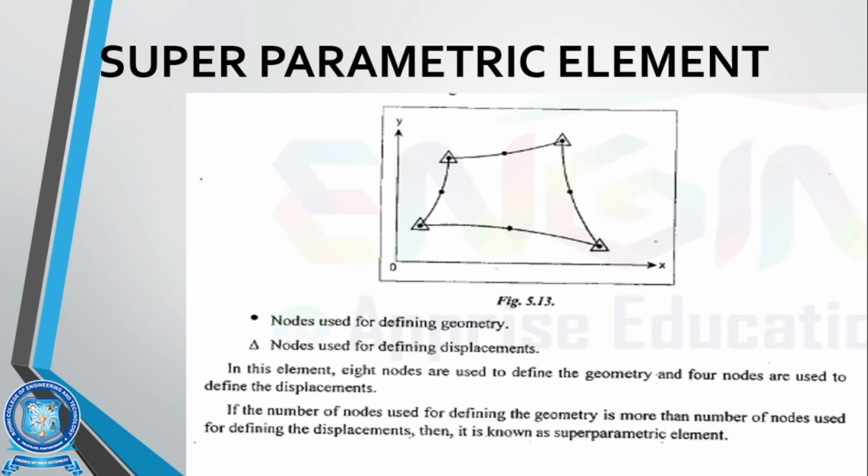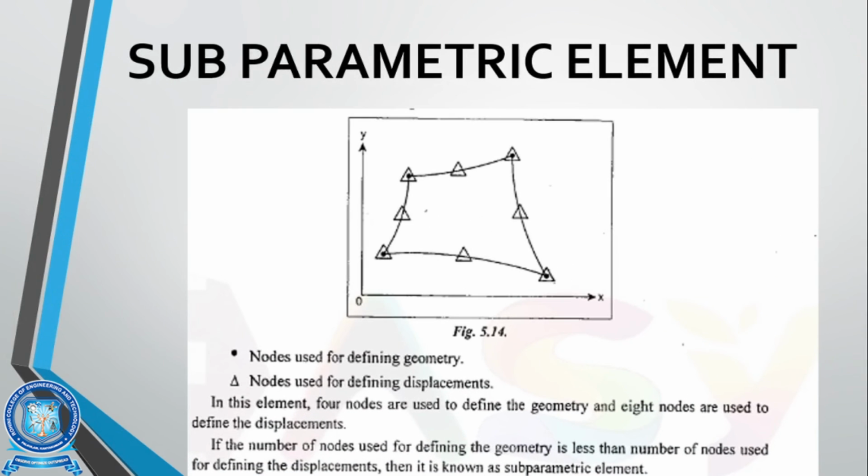So if the number of nodes used for defining the geometry is more than the number of nodes defining the displacements, then it is called a superparametric element.